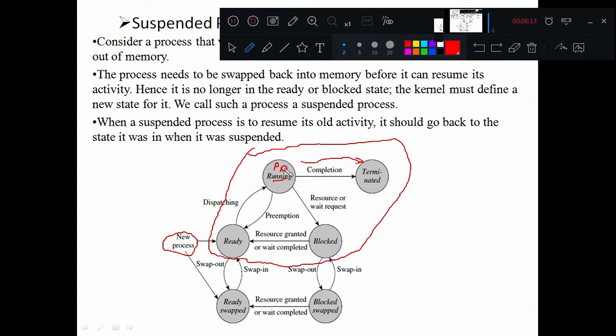Now let us say P1 is a complex process. Let us say it requests certain resources from the operating system. Process P1 will request a particular resource, or it will wait for a result from another process.